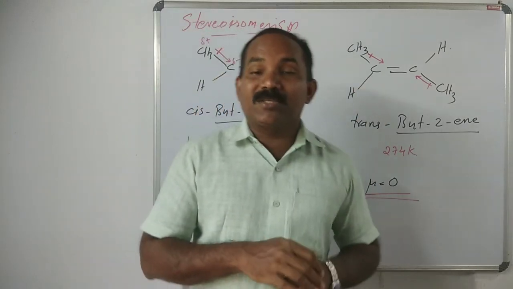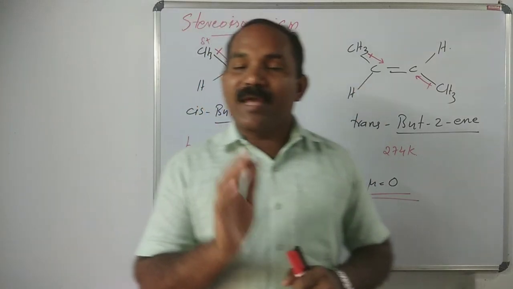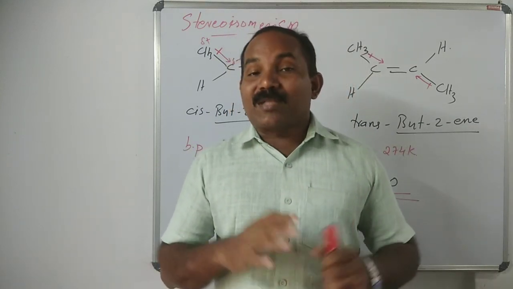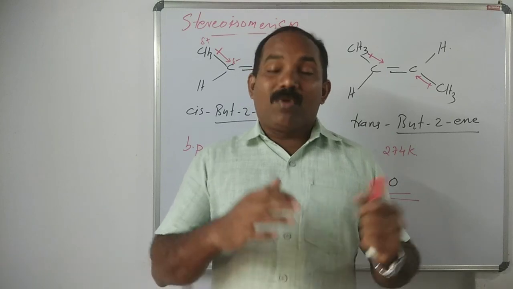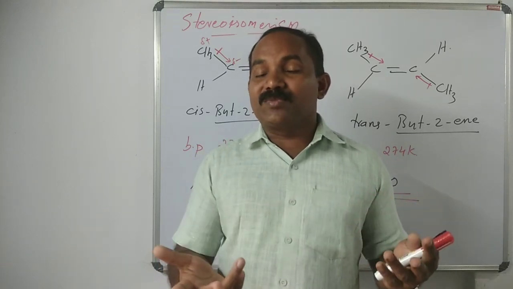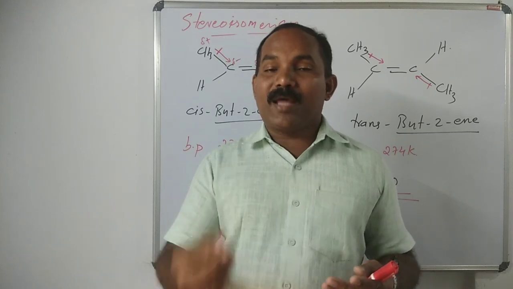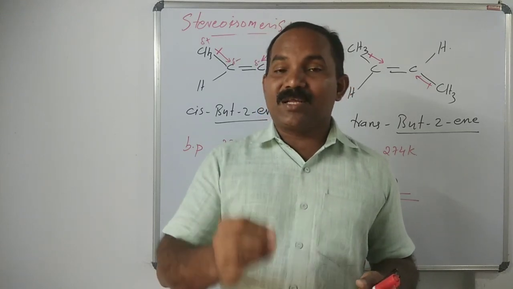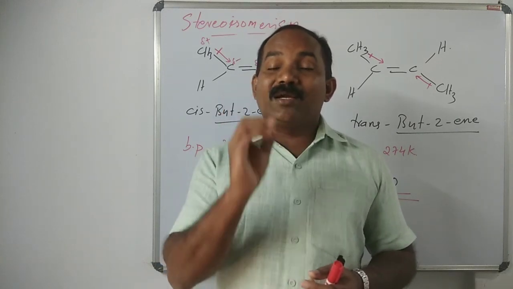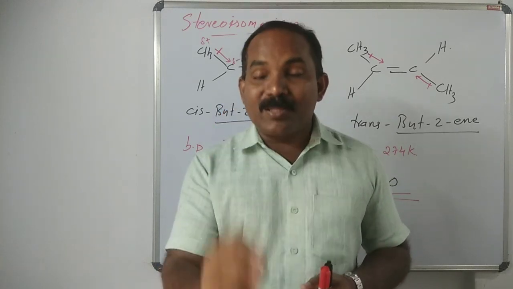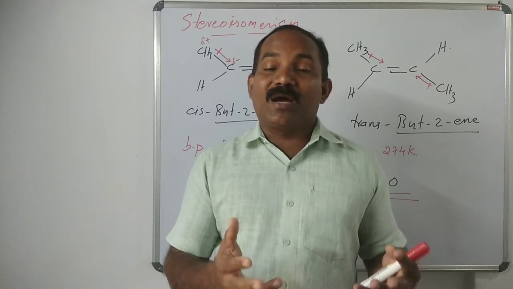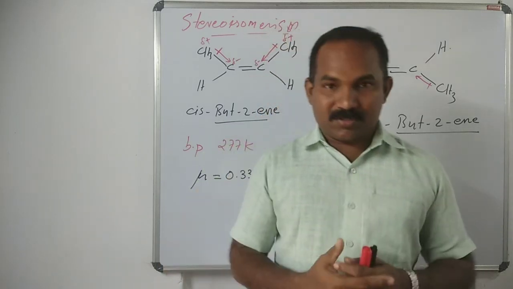You remember that the cis isomer usually has some dipole, while the trans isomer mostly has zero dipole. If the atoms are different, a very low dipole moment comes in the trans isomer. So you practice 1,2-dichloroethene and check which isomer has a dipole moment.